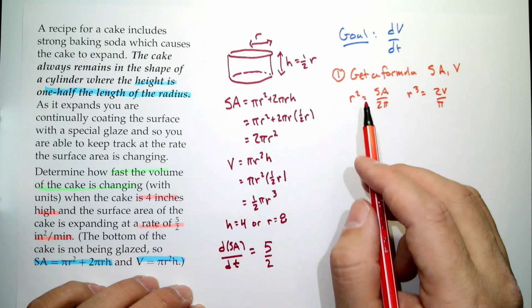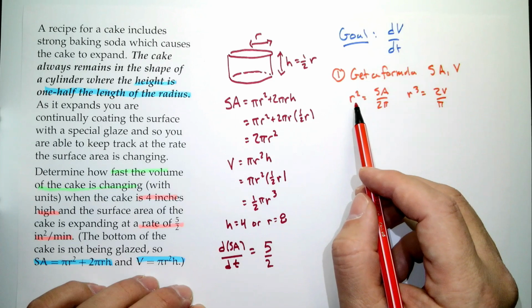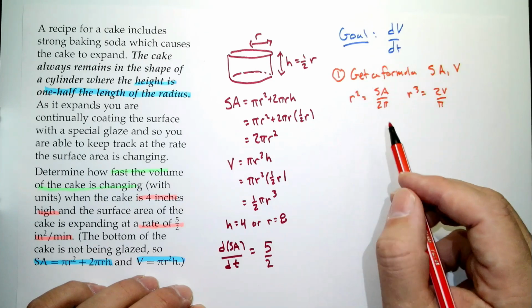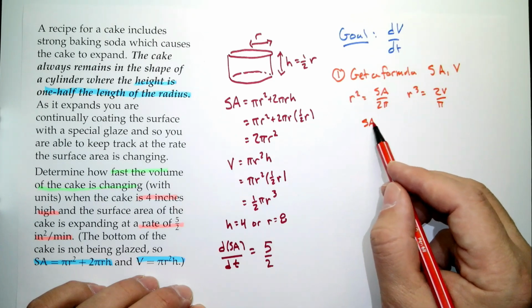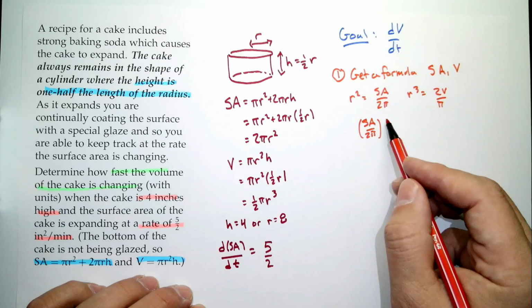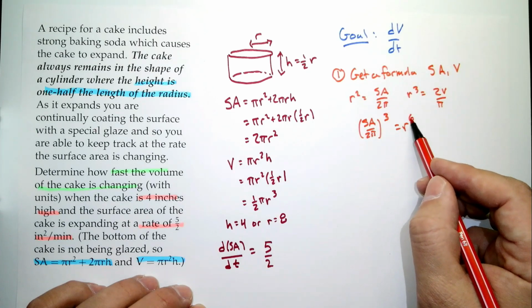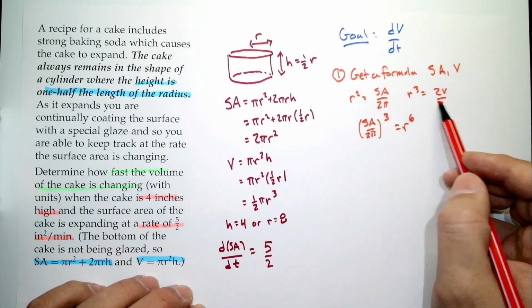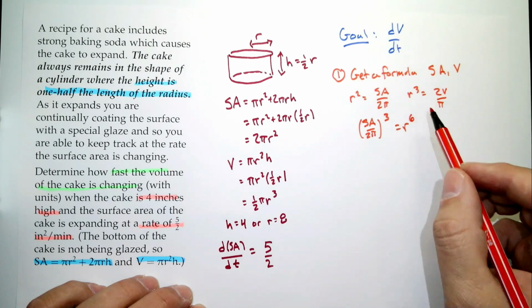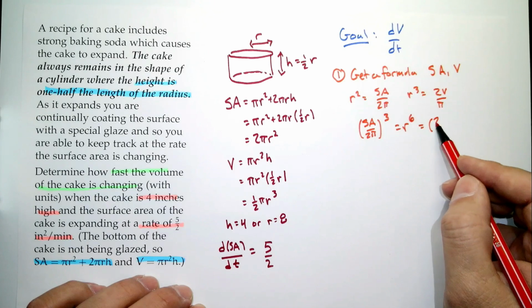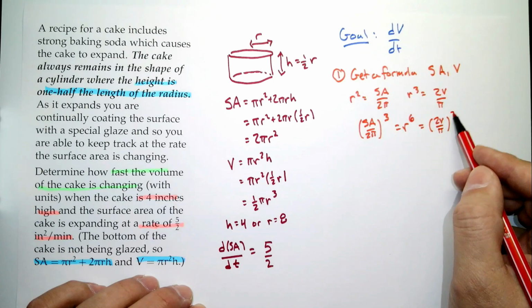So what can we do? Well, if we take the expression for surface area and we cube both sides, we get surface area over 2 pi quantity cubed, and that's equal to r to the 6. And if we square the formula for volume on both sides, we get r to the 6 equals 2V over pi, squared.